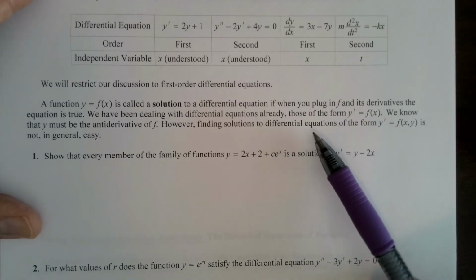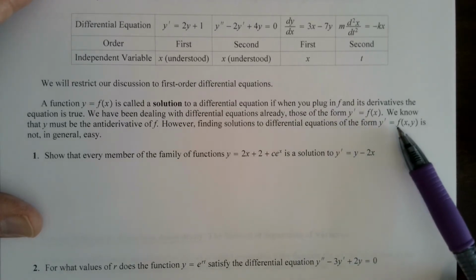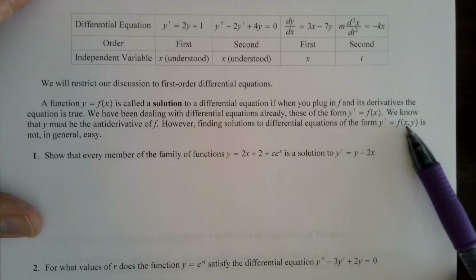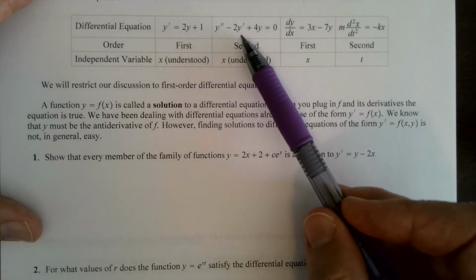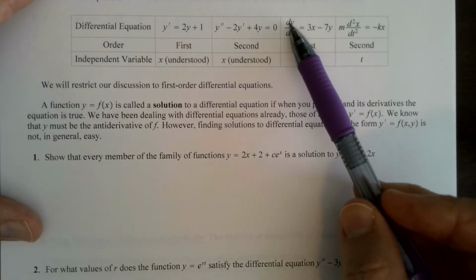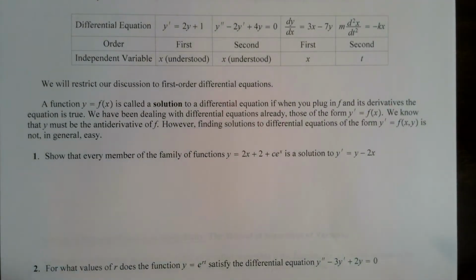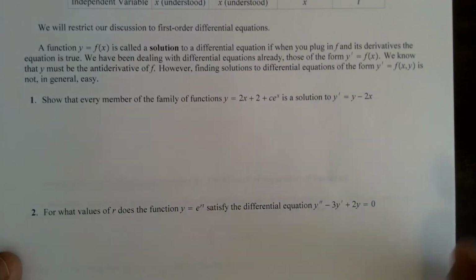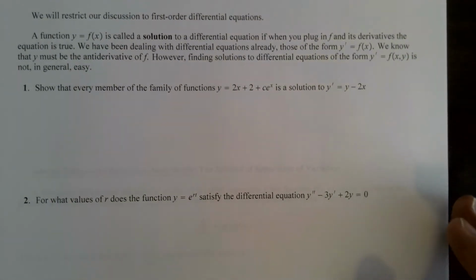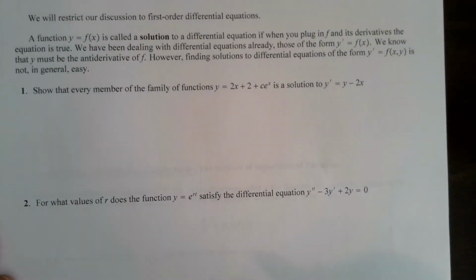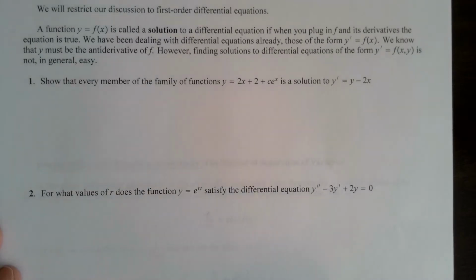But we're going to look at some differential equations of the form y prime is a function of both x and y, like you can see in these cases here. The derivative is a function of both x and y. This is going to be just a tip of the iceberg sort of look at it, but one thing for sure, if you say you have a solution, you should be able to check it, and that's where we begin.